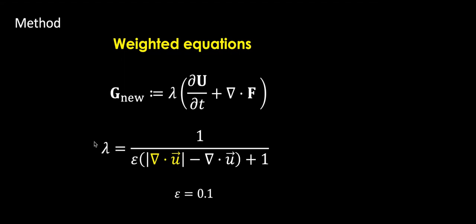So you have a detector function, let's call it FD, and yours is del dot u. What I'm saying is, you can scale your lambda based on the second order derivative of FD with respect to space.